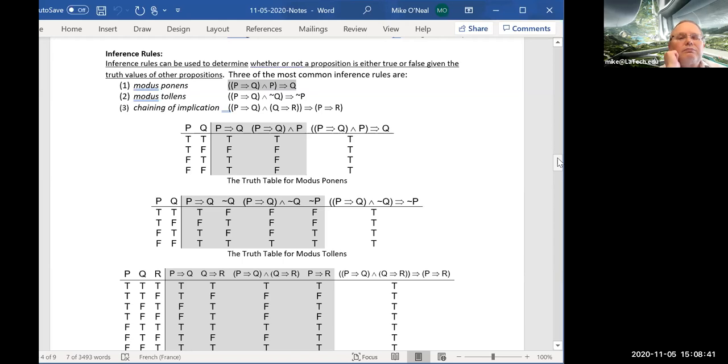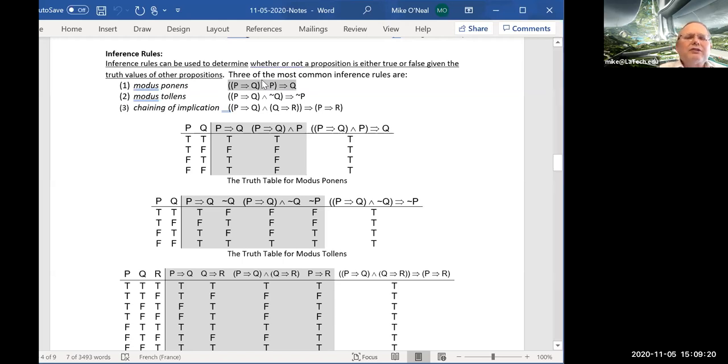So going back to our pool and swimming example, if you're in the pool, then you're wet. That is an if statement. Let's say that if statement is true. If it's also true that you are in the pool, then you can conclude categorically Q, that you are wet. So given an if statement that's true, P implies Q, and given P is true, you can conclude a new thing. You can conclude that Q is true.